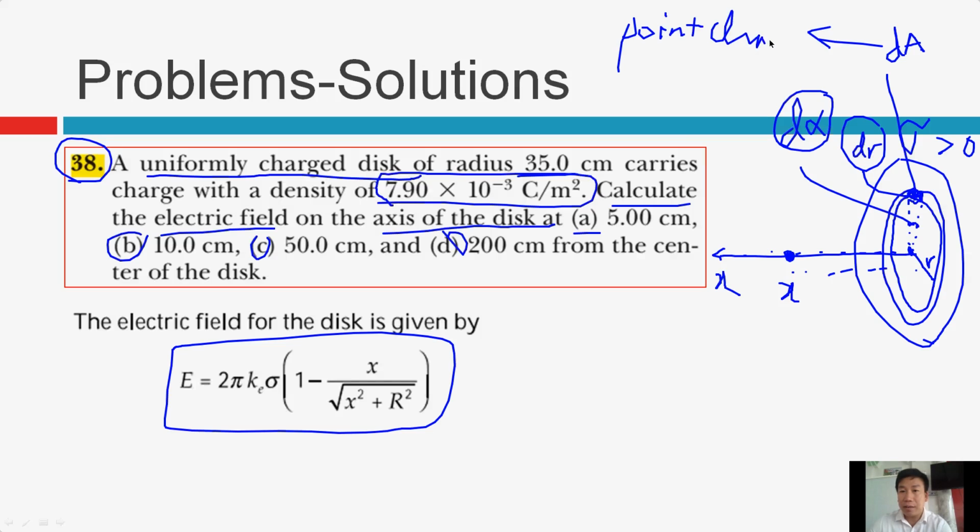In this case, I will obtain the dA is a point charge. And when I have a point charge, I can find the electric field, the dE, right? So that's the idea we need to use to calculate for this situation.